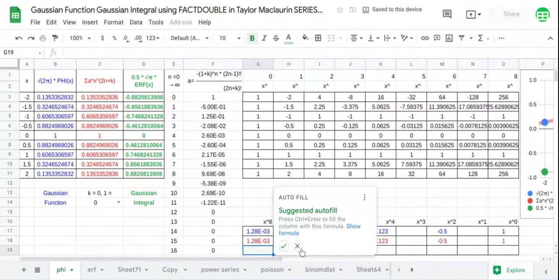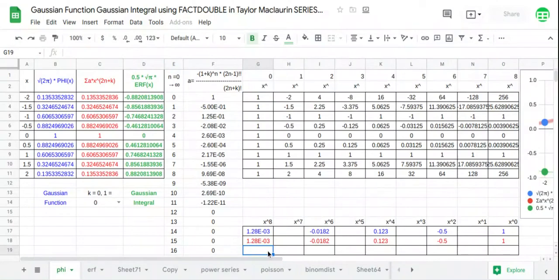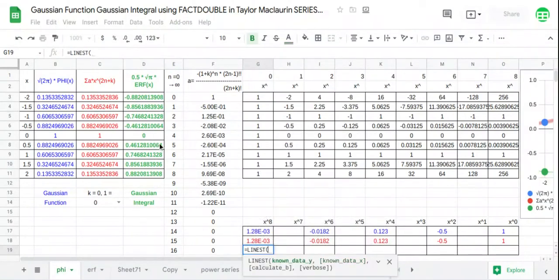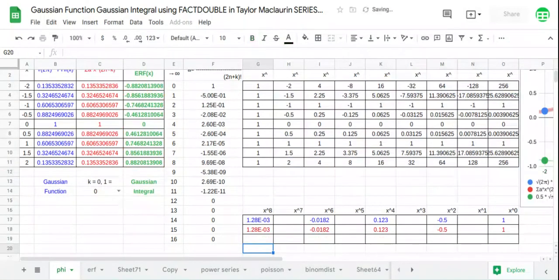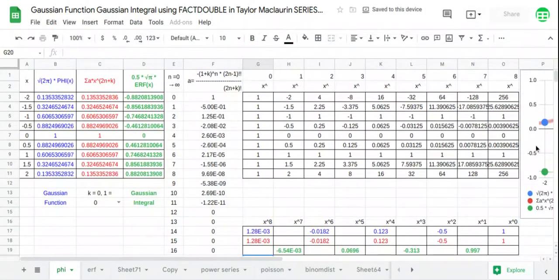And finally, Linest on the Gaussian integral dot y and dot x. And let's compare.